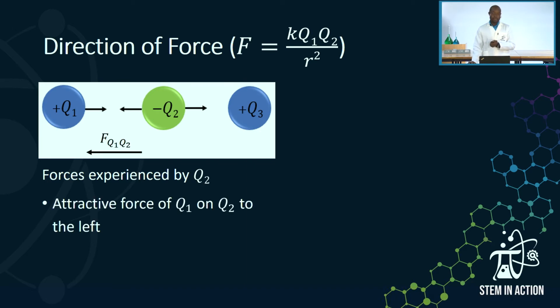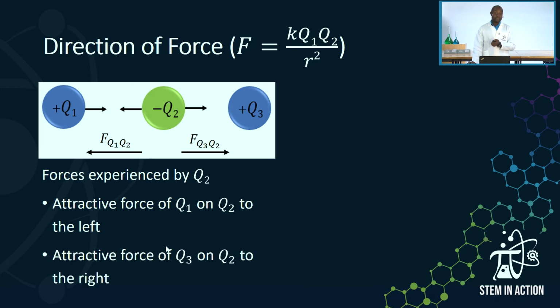In this case, the attractive force of Q1 on Q2 is to the left, right? So Q2 is experiencing an attractive force to the left. And the attractive force of Q3 on Q2 is going to be to the right.